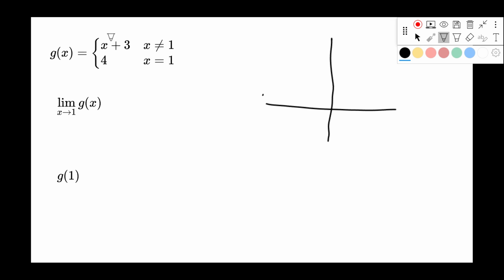Okay, so this graph is the graph of y equals x plus 3 as long as x is not 1. So I go up 3, make a point, and then I go up 1, 1 to the right, or I could go down 1, 1 to the left. Now the only problem is at x equals 1. At x equals 1, the y value is 4, so there's a point on the graph called (1, 4).